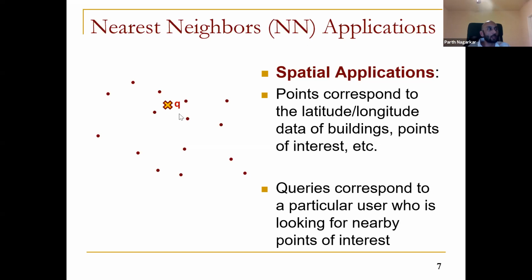The user wants to query, can you give me the 5 nearest points of interest, or 5 nearest buildings near me, or any particular travel attractions that the user wants to see. So these queries would be nearest neighbor queries.